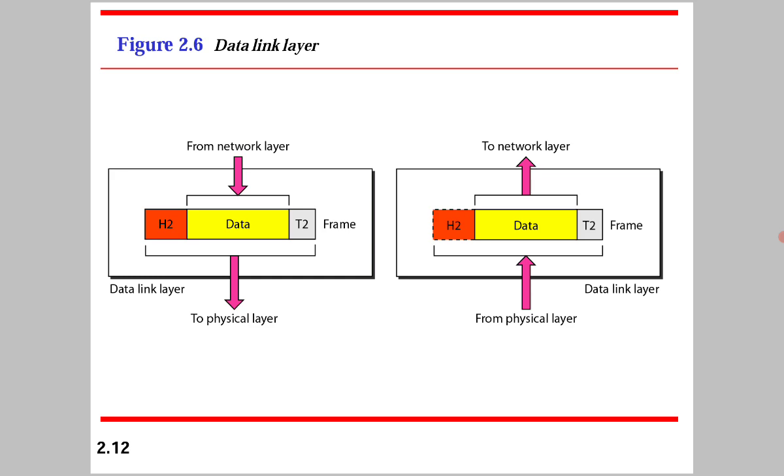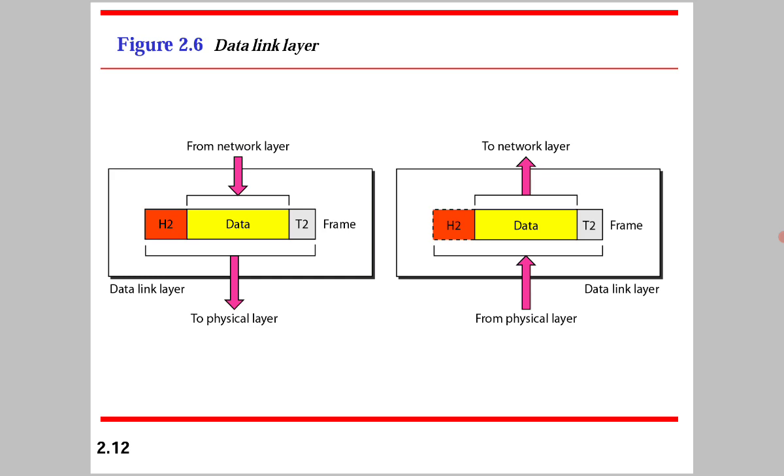A frame is a set, or collection, of bits, and each frame has some syntax or design, like a header part and a data part. The header part contains the sender's and receiver's information, while the data part contains the data to be transmitted. This is the working of the data link layer.